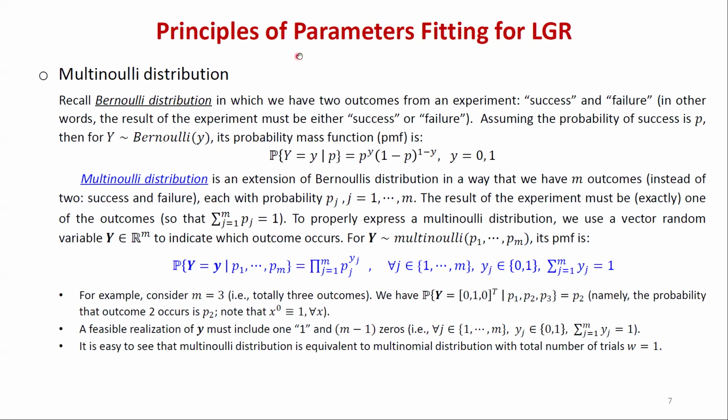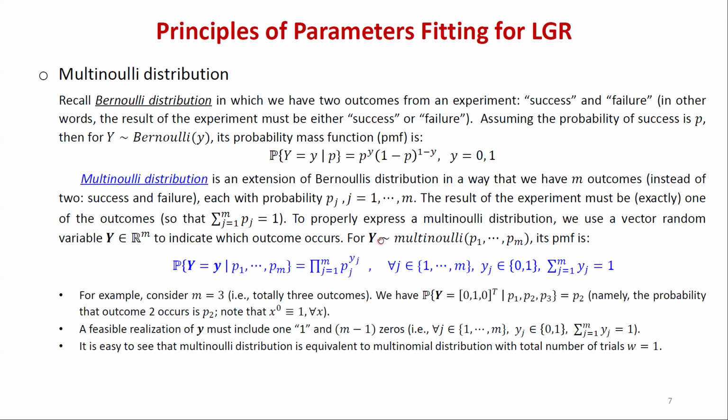So Bernoulli distribution is: I have two outcomes again, success and failure, and I just run the experiment one time, or I just make one trial, and the PMF is this. So I don't have the binomial coefficient, right? Okay, multinoulli, the same thing, but instead of two outcomes, success and failure, I have m outcomes.